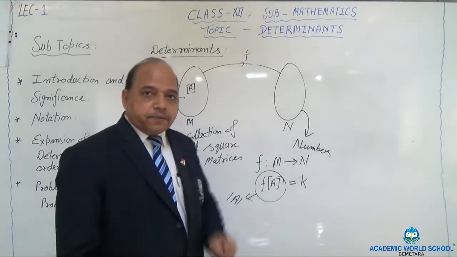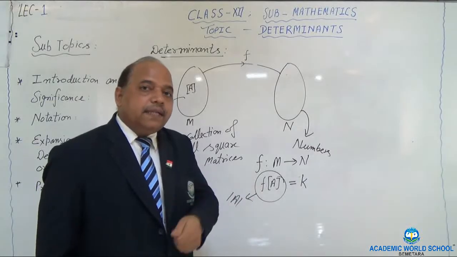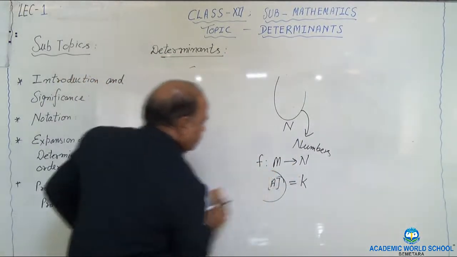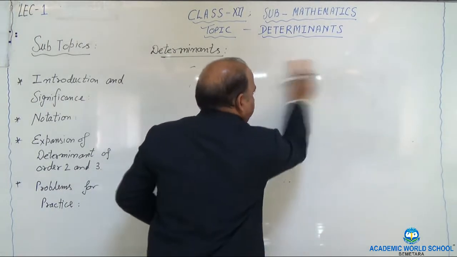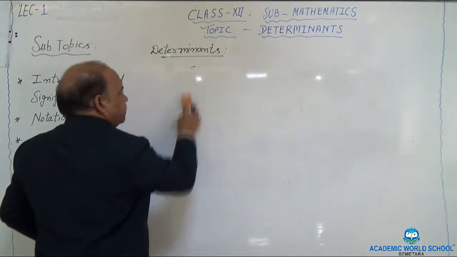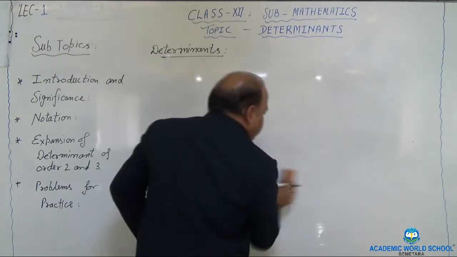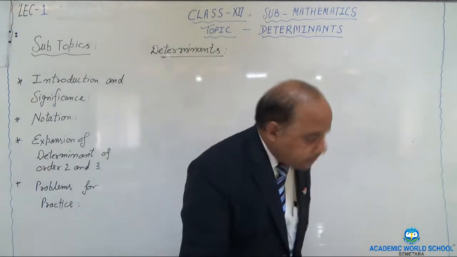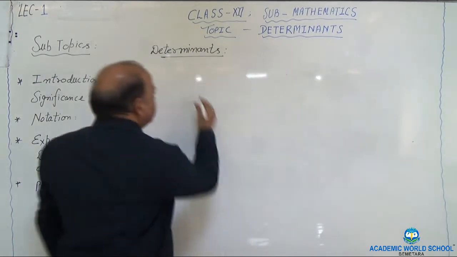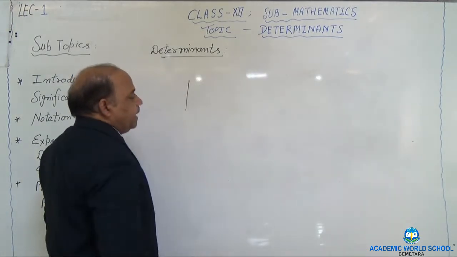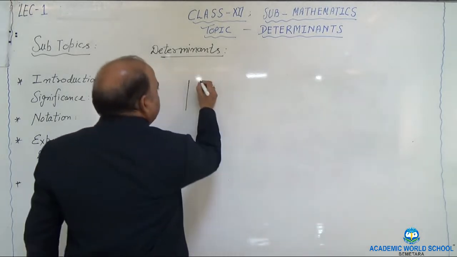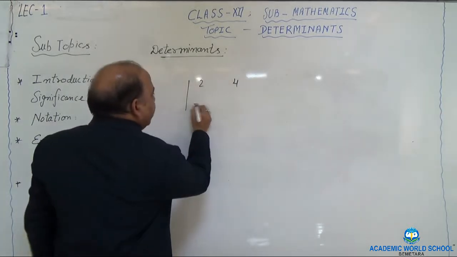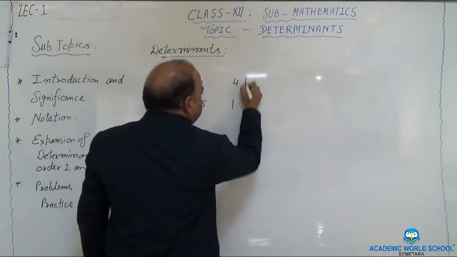Now let's take up some simple questions on how to apply this concept. First we will begin with order 2. Let's take a very simple question. There is a determinant of order 2, with rows 2, 4 and minus 5, 1.